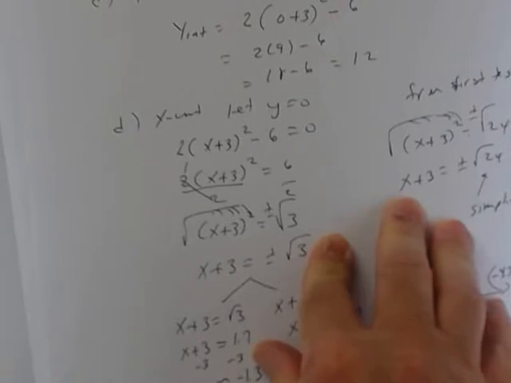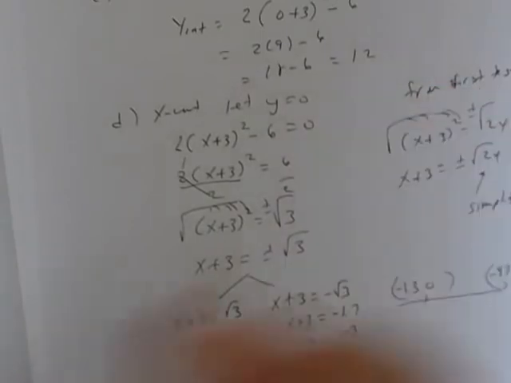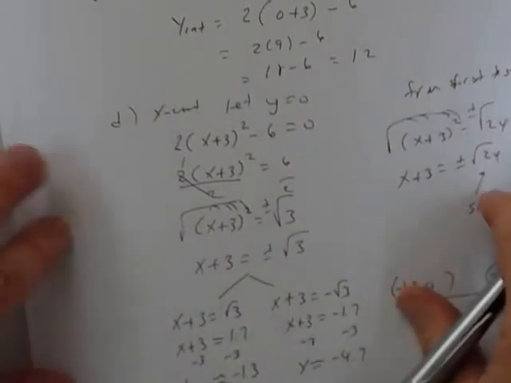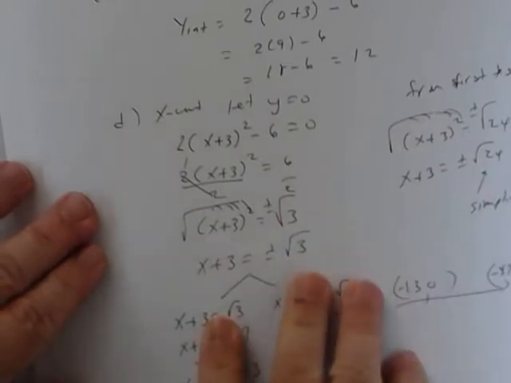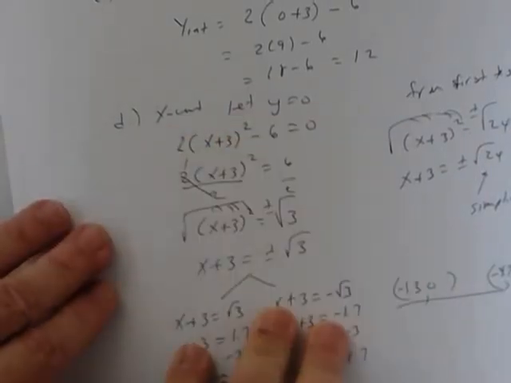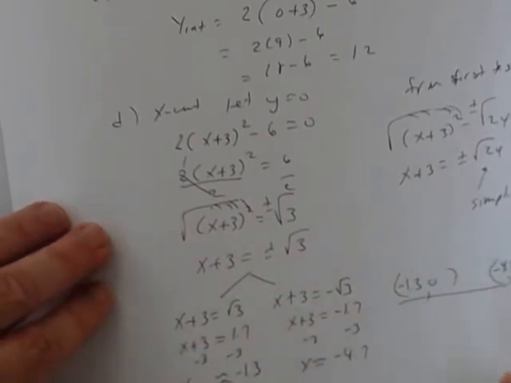A y, but you may or may not have an x. So before I did all that, you should have asked yourself, am I going to have x-intercepts? If I do, I'm going to do all this work. If I'm not, and you will not at some times, then don't waste your time doing this because there isn't any. So to determine if there are x-intercepts, here's what you do.